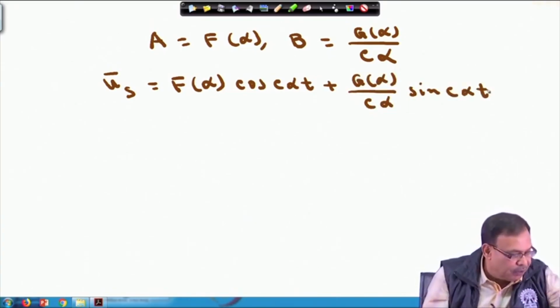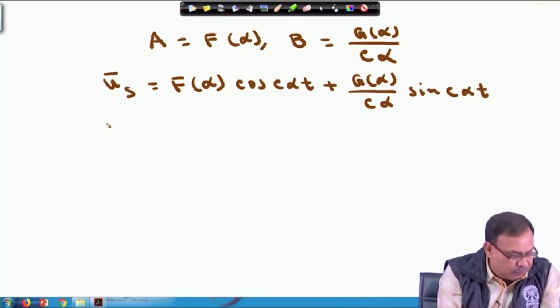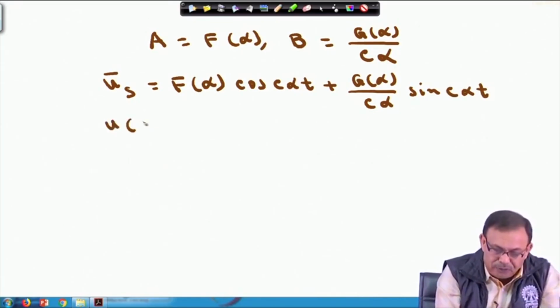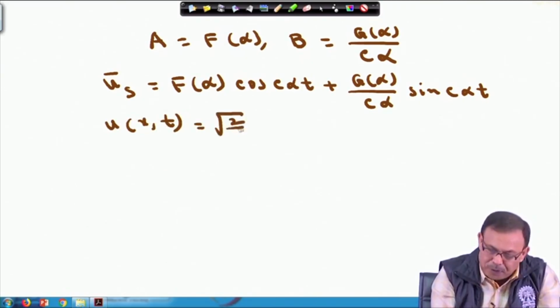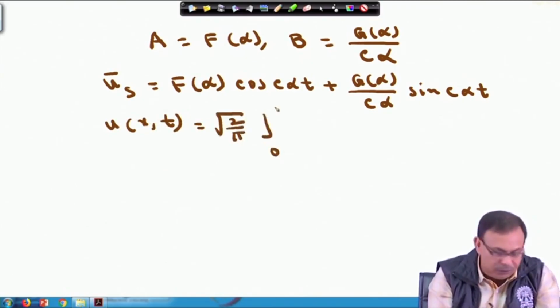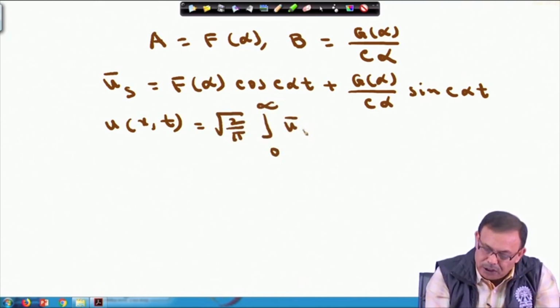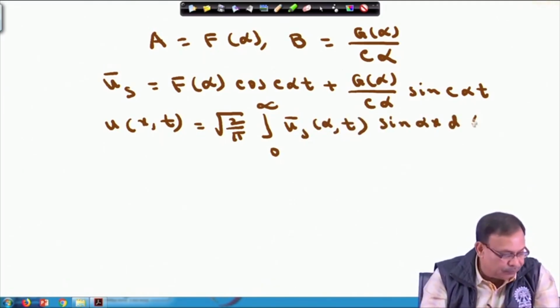And once I have written this, you can write down u(x,t) using inversion: root over 2 by pi, integral 0 to infinity, u bar s(alpha, t) into sin(alpha x) d alpha.